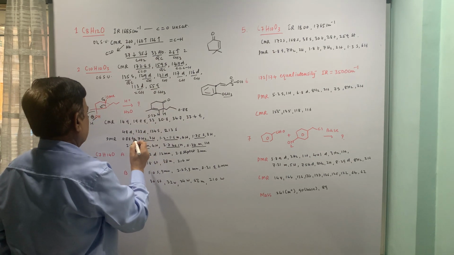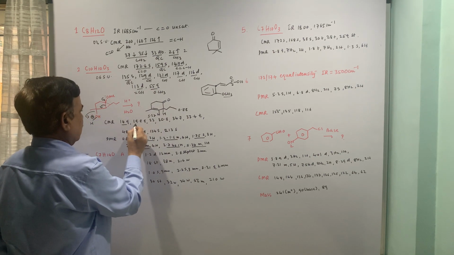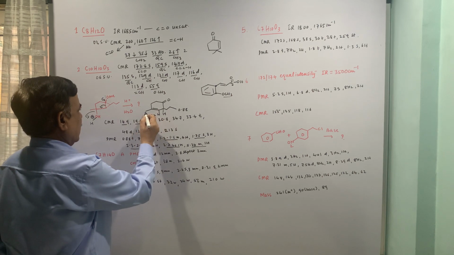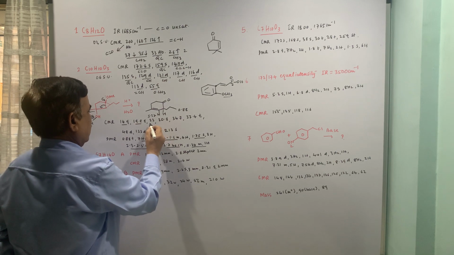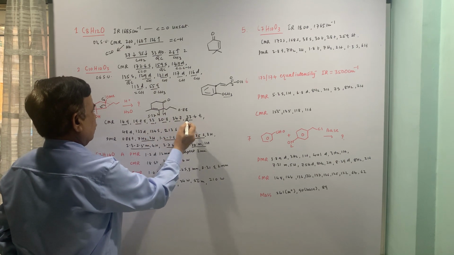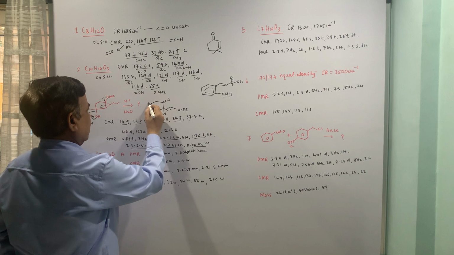So if you look at CMR, these are quartets, this 19, 14, then these are all triplets, 1, 2, 3, 4, 1, 2, 3, 4.